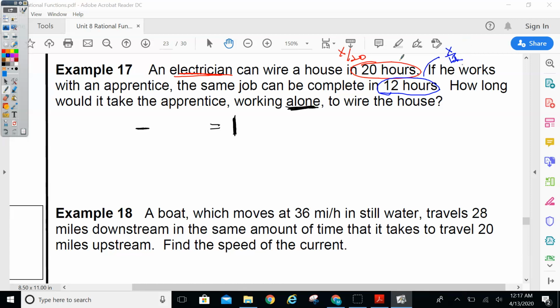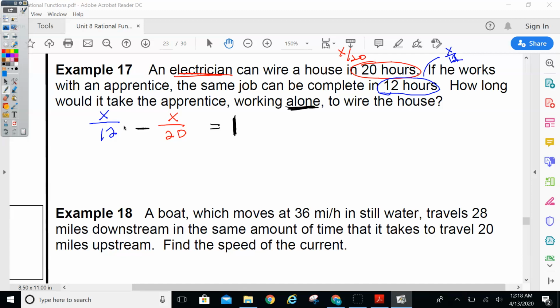So here we have x over 12 for the together one, minus the electrician by himself, x over 20. So for the subtraction ones, when you're looking for the ones where they're working alone, make sure you do the smaller denominator first. The smaller denominator is the bigger fraction. But then you continue like normal.